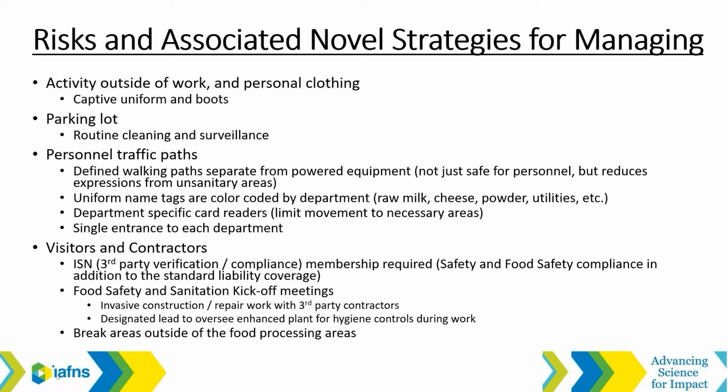So you wouldn't see any of those four groups, for example, in another. Department specific card readers in modern times limit movement, so we don't rely on discretion; we physically made it not possible for people to cross raw, ready to eat, wet, dry, outside, inside environments where they don't need to be.